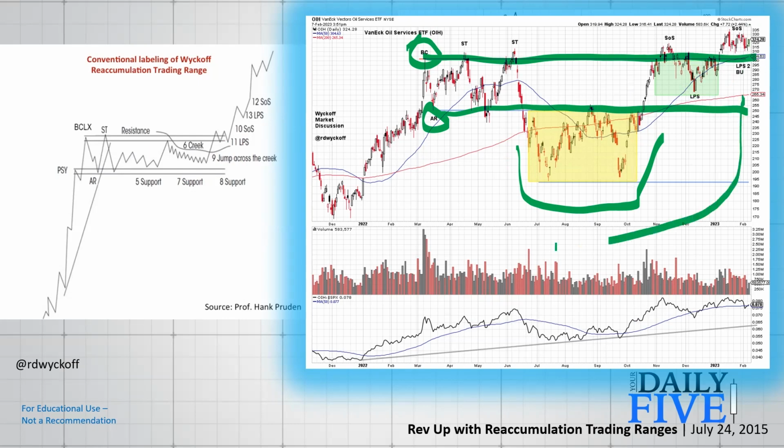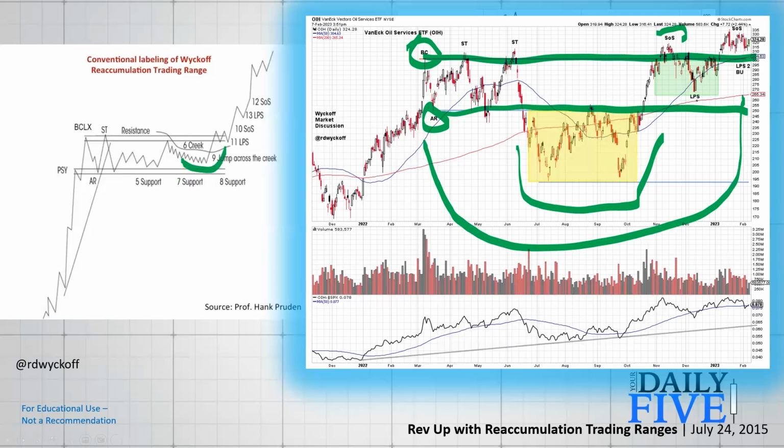This whole area could be part of a larger causal structure of reaccumulation for a much bigger move. But what we see here is a sign of strength because it took out these prior highs. Here's a last point of support, which is a last pullback in a reaccumulation, in this area here.